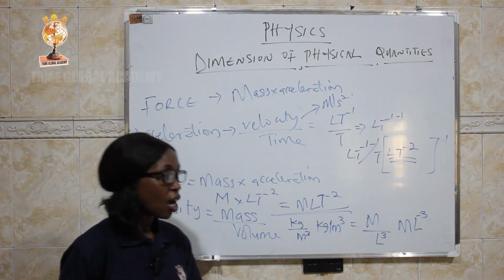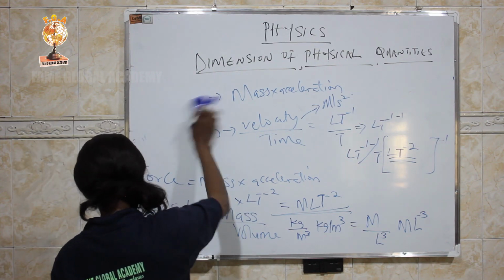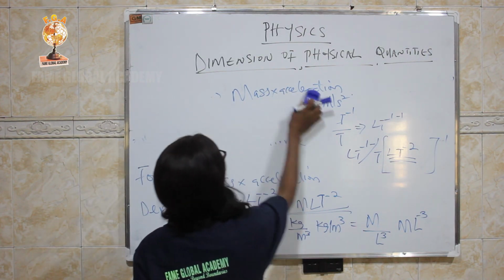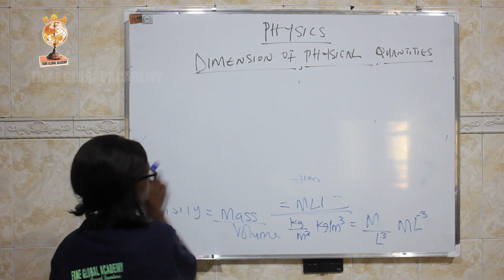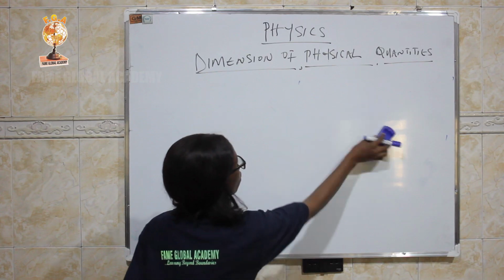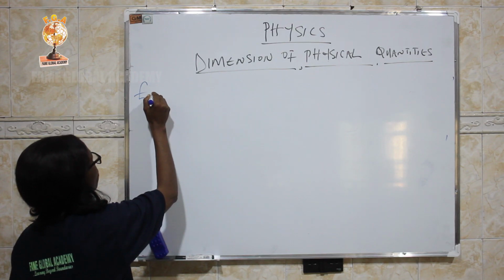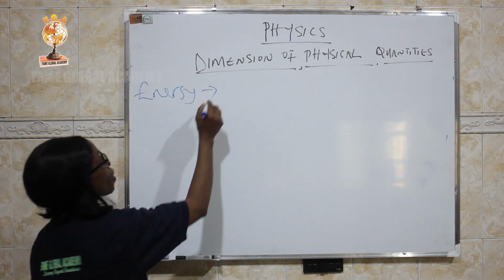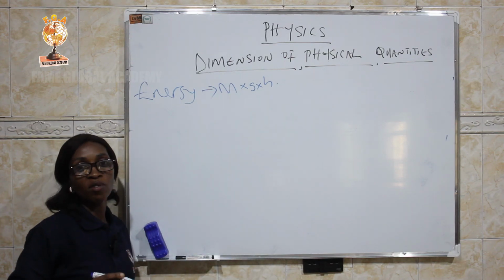Let's continue. Let's say energy. Energy is mass times gravity times height.